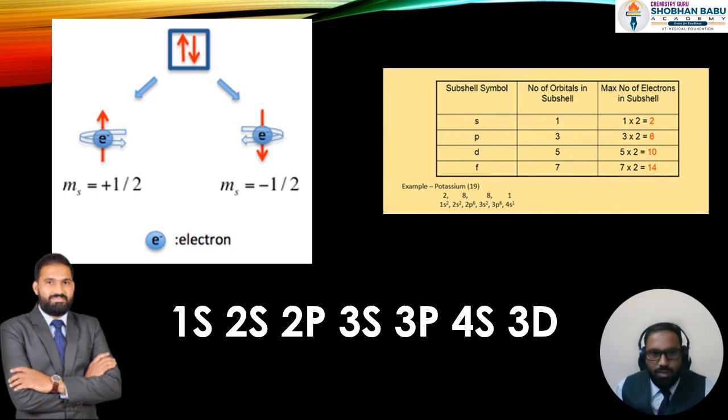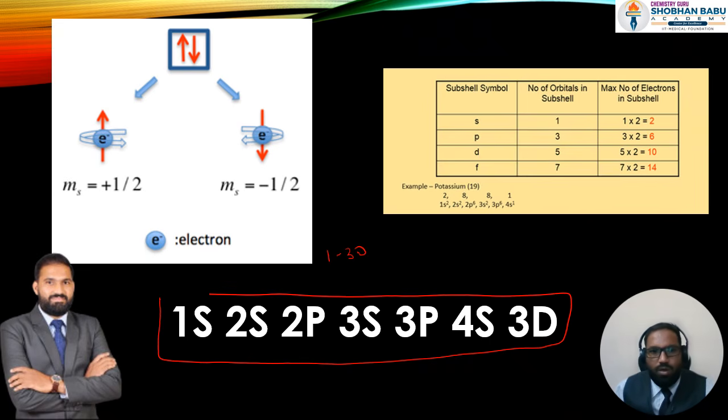With this, there is a proper series to fill electrons for elements 1 to 30, and this series is more than sufficient. The electrons of each and every element start with 1s, because its n plus L value is the lowest, and end at 3d, because its n plus L value is the highest.